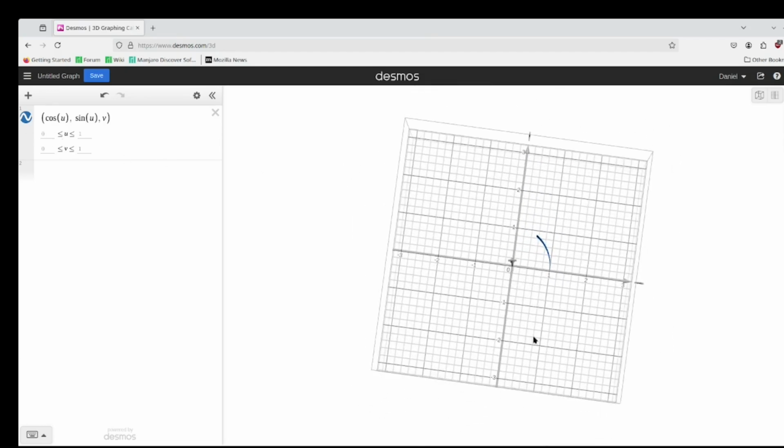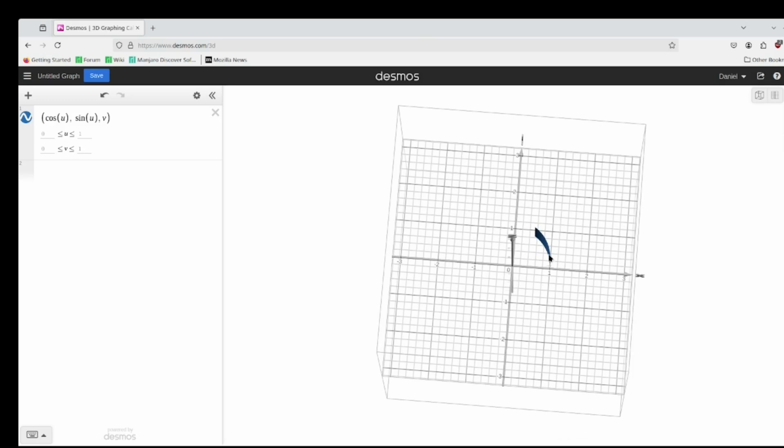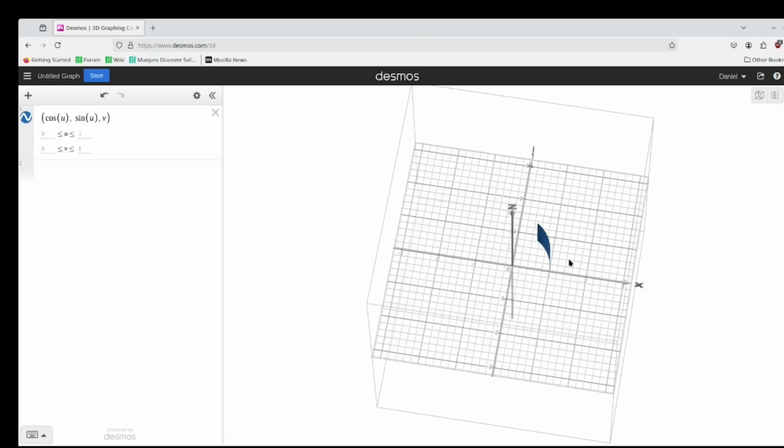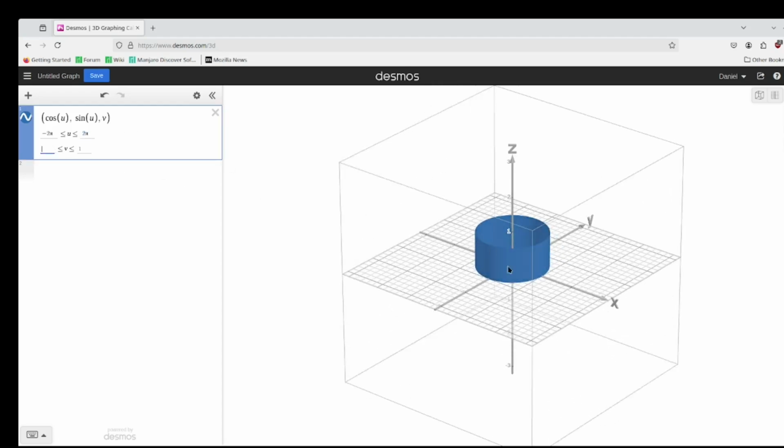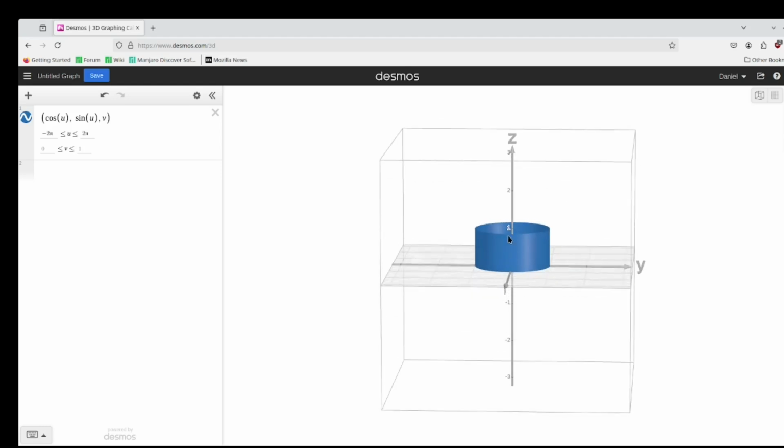The u here is for the circular cross sections, and so that one we want to span between minus 2 pi and 2 pi, because in radians this is your minus 360 degrees, and this spans to your 360 degrees, and the v here is your height. If you want it to span from z equals 0 to z equals 1, this would be where you would do it.